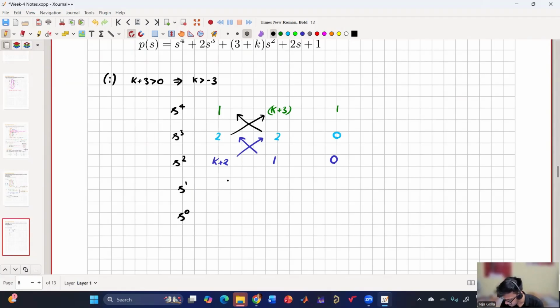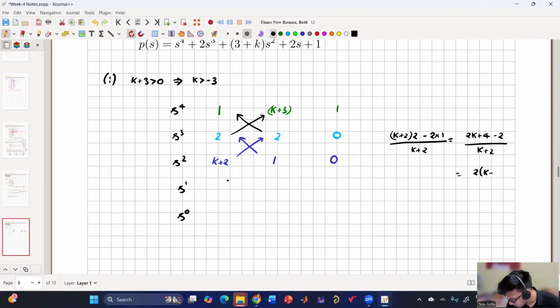It will be a little bit different. So (K plus 2) into 2 minus 2 into 1, by K plus 2. So 2K plus 4 minus 2 by K plus 2. I'll get 2K plus 2, so 2 into (K plus 1) by (K plus 2).